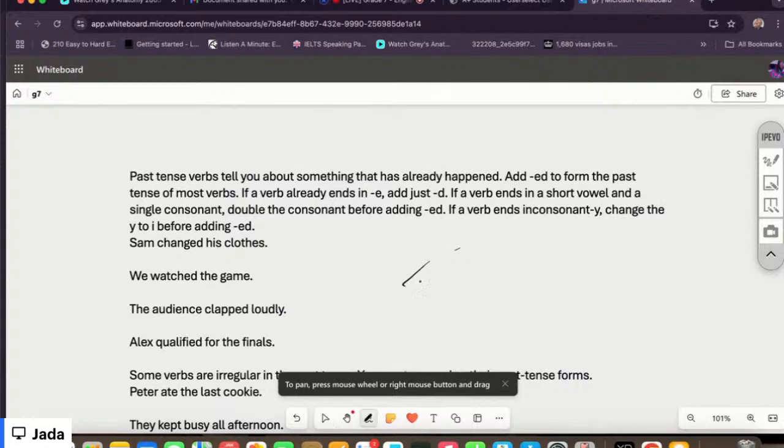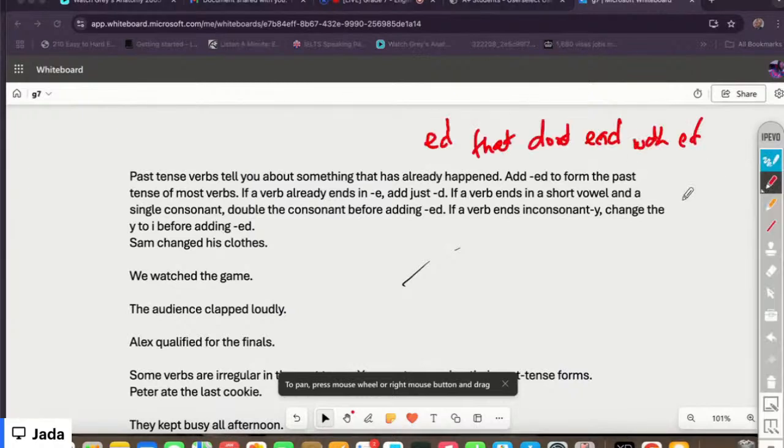So we add ed to form the past tense form of most verbs. If you want to form the past tense, you have to add ed.